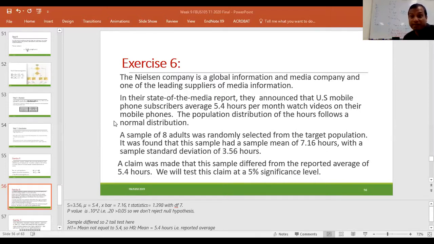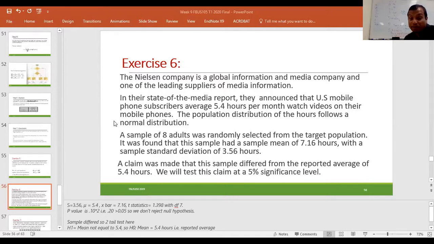Again, this criterion is met. It was found that the sample mean, X bar, is 7.16 hours, with a sample standard deviation of 3.56. Nothing is given about the population standard deviation. Sigma is not given, but the sample standard deviation, capital S, is given.